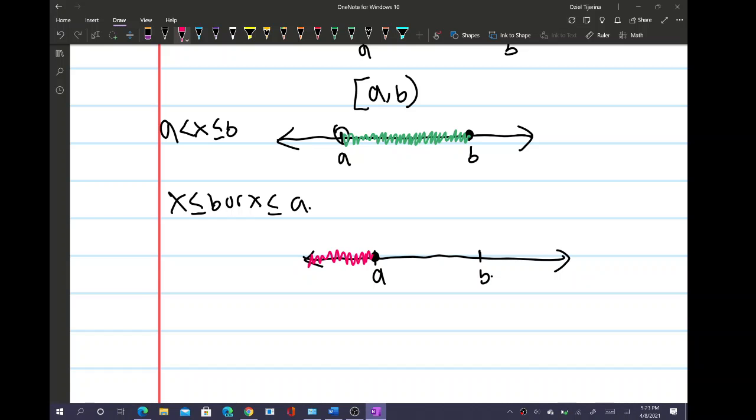But then you also have a closed circle over here, and you would shade all of this. Right? But you don't have to know that, because I don't think they do that.